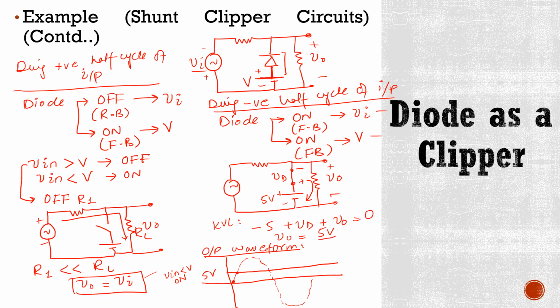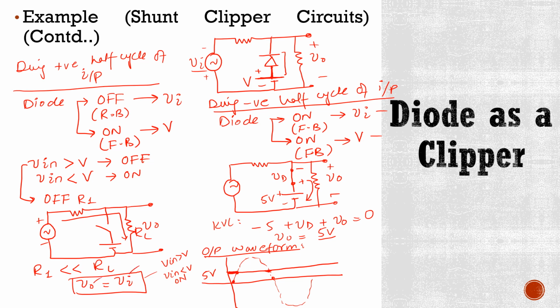So this would be our output here, and again from this point to this point V in is less than V, so again up to this region the diode will be on, that is 5 volts.